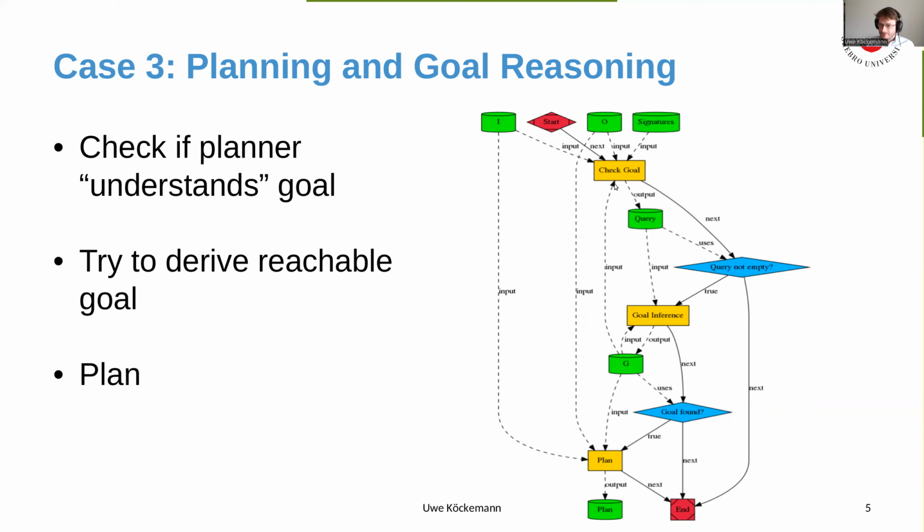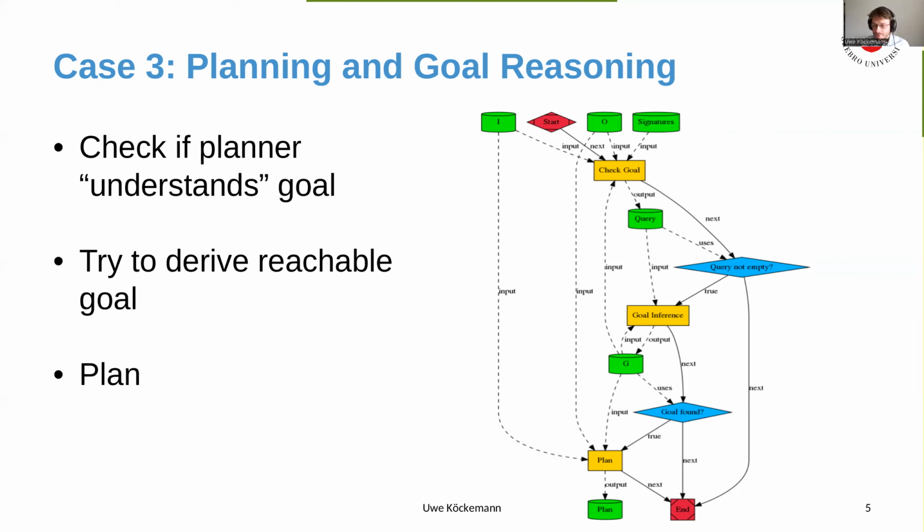And based on the result of this test here, we generate a goal query, which can be trivial if the planner understands the goal, or it can be something more complex, which would then require us to derive a reachable goal from the goal that was given.